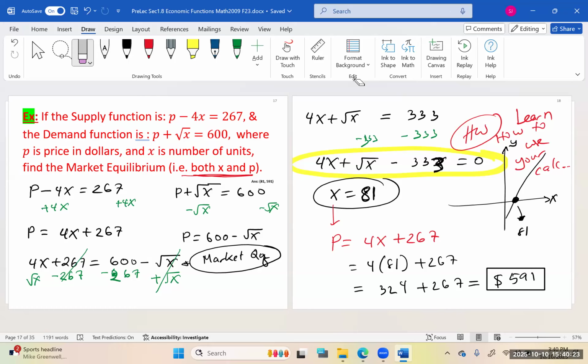When you have subtraction, you can never distribute your power. I got 81 when I graphed it. You graphed the correct one, but you solved it the wrong way. I got like 80.76. Let me round it as 81.